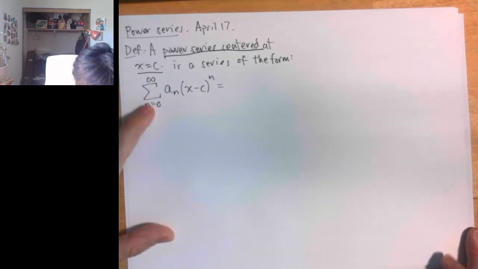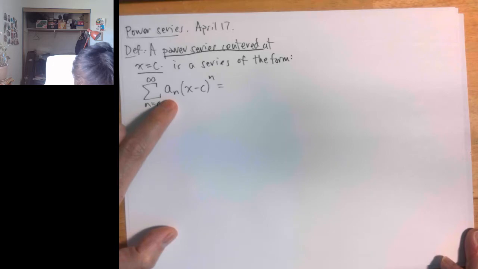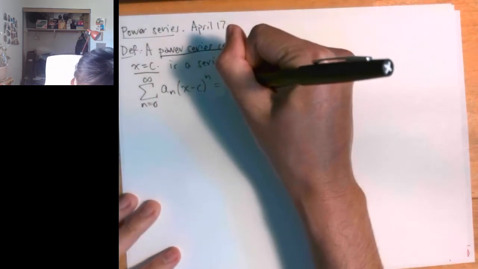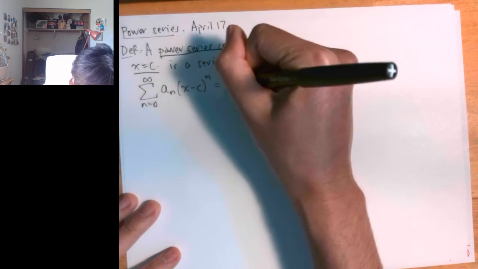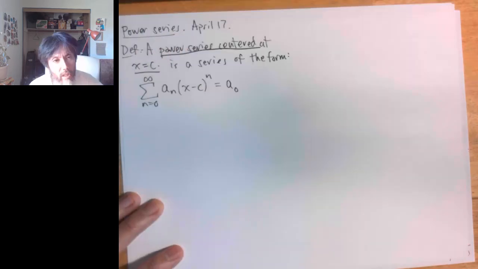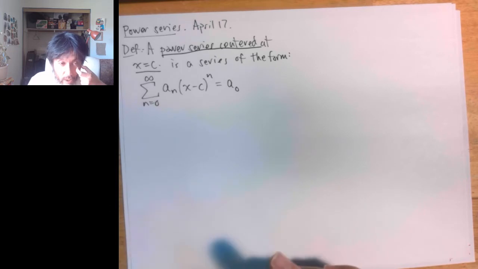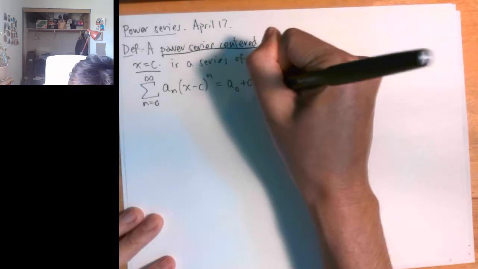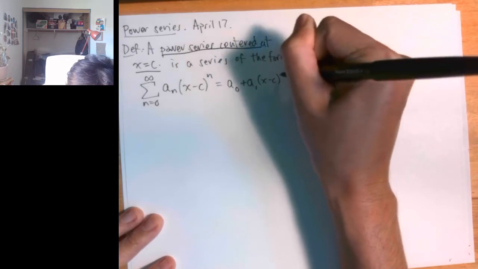So this is the sum from n equals 0 to infinity of a sub n times x minus c to the nth power. If I write out the first few terms, starting with n equal to 0, we get a sub 0. Sometimes people say a naught. I think that's a British thing, but it carries over into the United States for some reason. A naught plus a1 times x minus c to the first power.